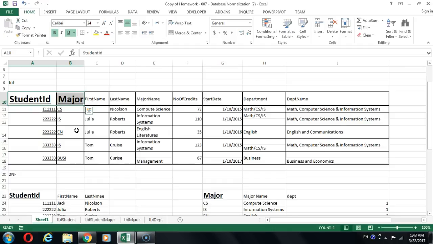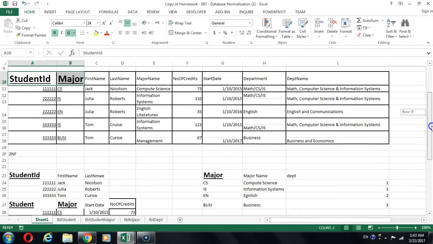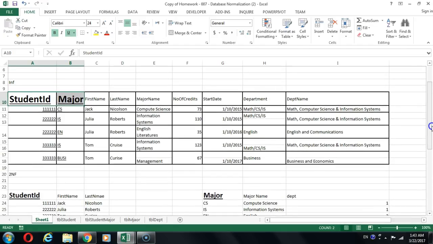Anyway, congratulations at this stage, because we already obtained the first norm form by removing the repeating group and by finding the appropriate primary key, which happens to be a composite one. So let's take a look at the second norm form, which means no partial dependency. What do we mean by partial dependency?